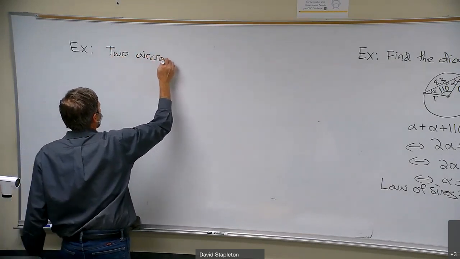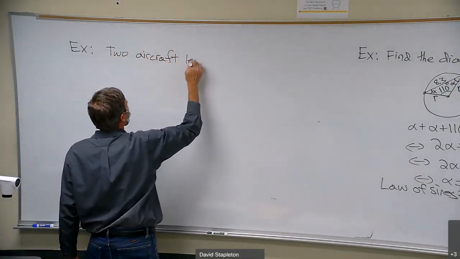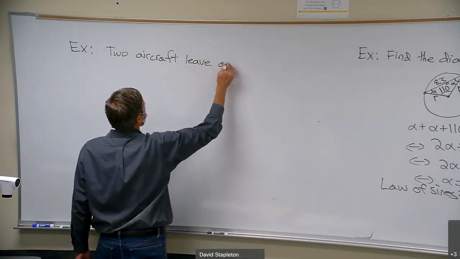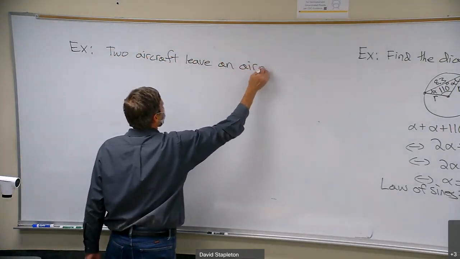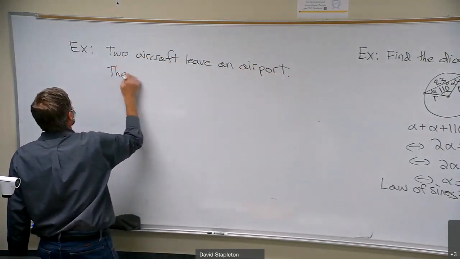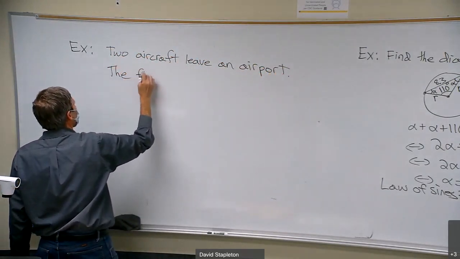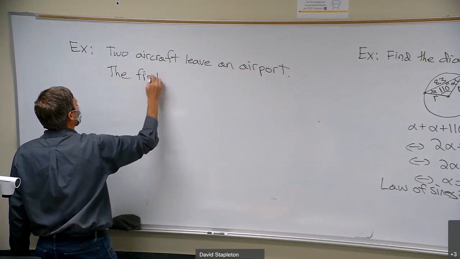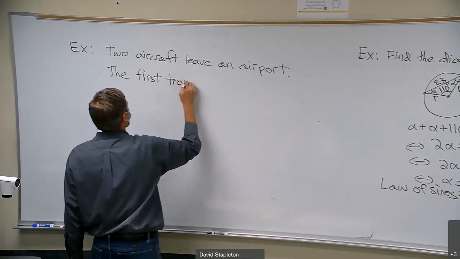2 aircraft simultaneously leave an airport and fly at the same altitude. The first travels due west at 300 miles per hour.